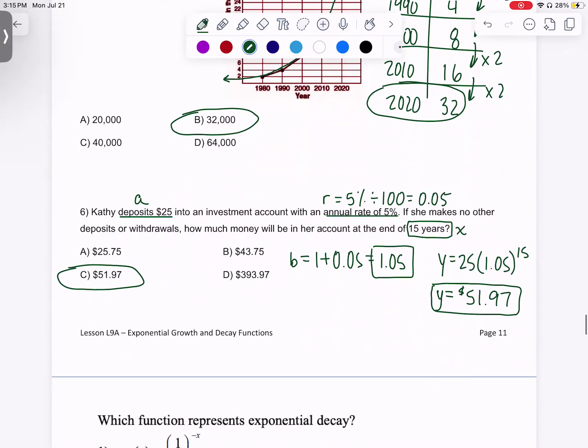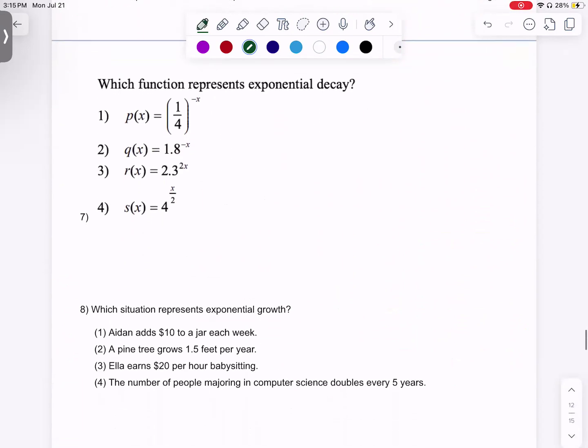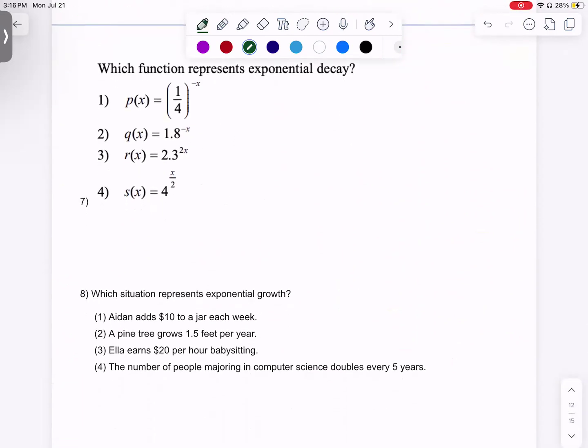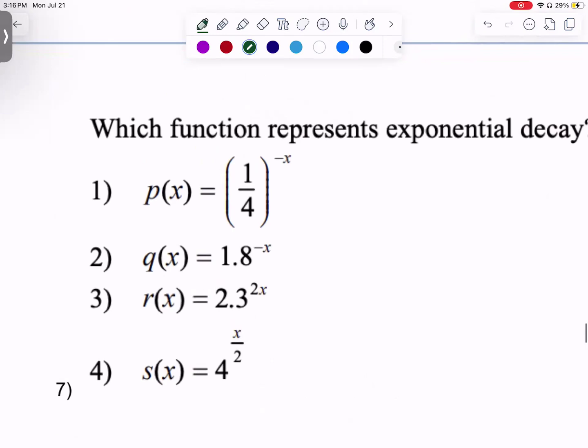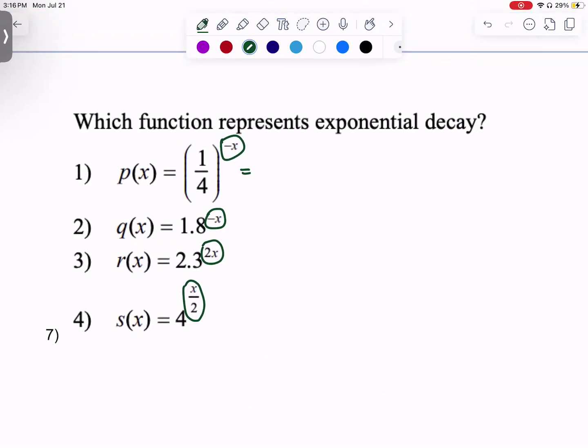Okay. Question 7. Now we're going into a little more review questions. Which one represents exponential decay? Just like number 1 from the first independent practice, none of these are fully simplified until we have x as our only exponent. So these all need to be rewritten.